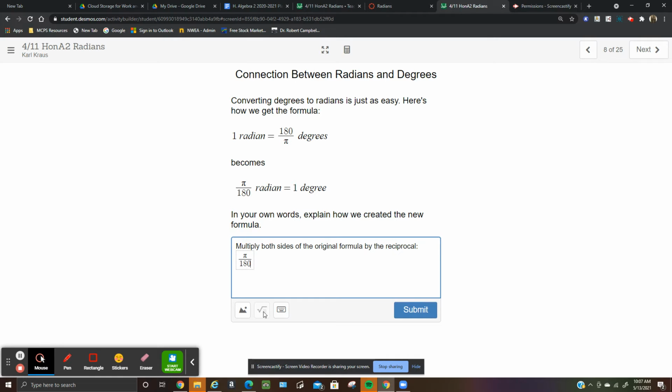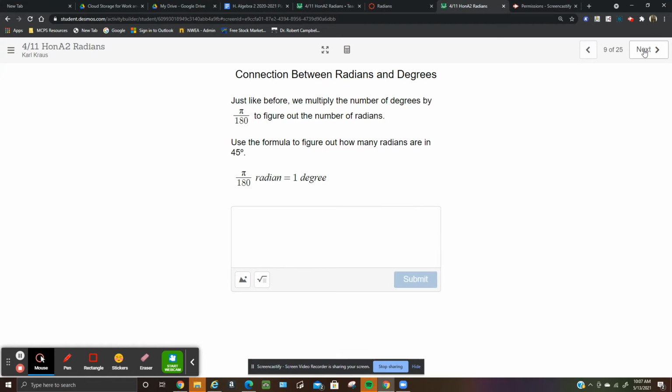And we get the degree conversion formula there. Just like before, we multiply the number of degrees by pi over 180 to figure out the radians.